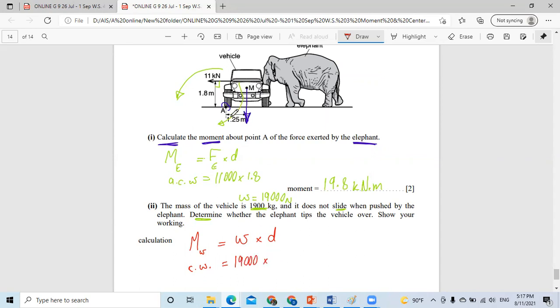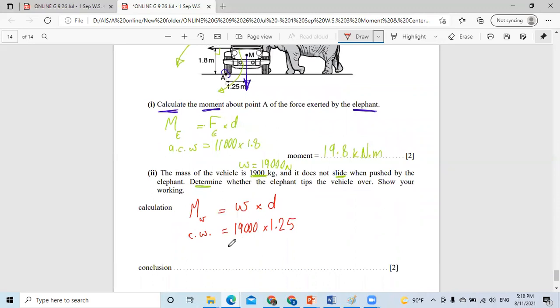Multiplied by how far it is. It's 1.25. When we multiply these two values, the value is bigger than the answer we got before. So 19,000 multiplied by 1.25 gives 23,750 newton metres.